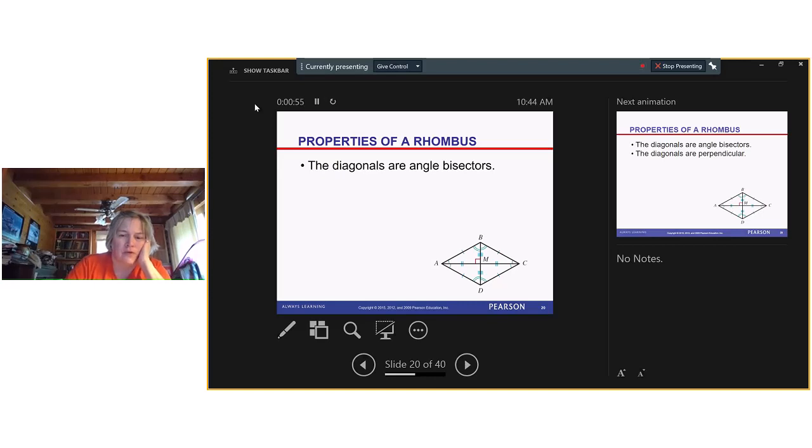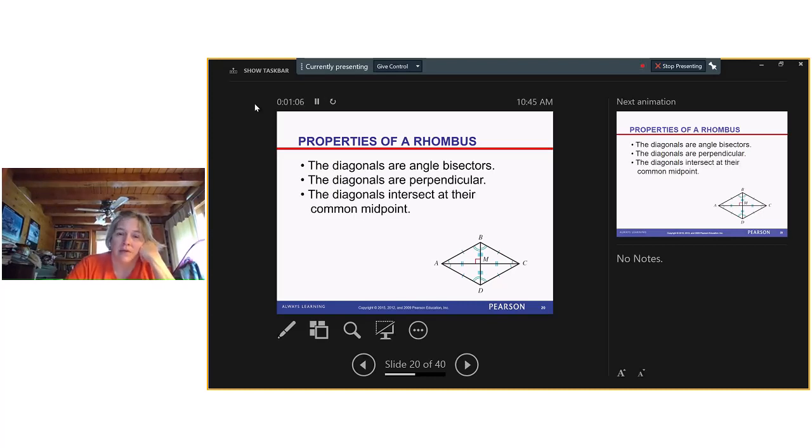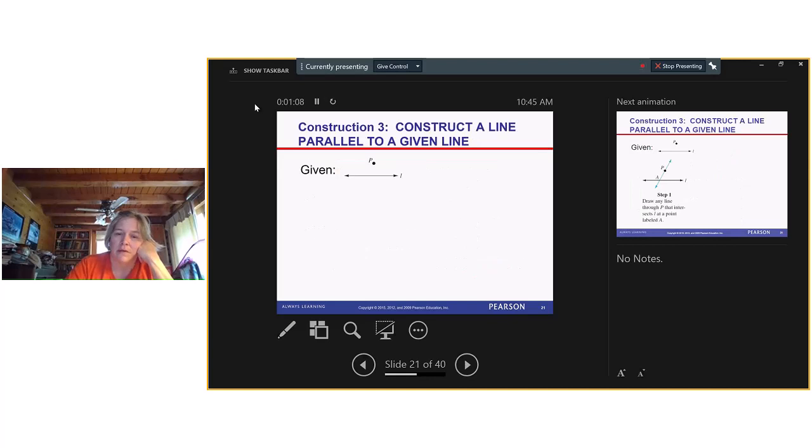And you can see that if I were to draw an angle, it says the diagonals are angle bisectors. So all I had to do was really do a bisector and then connect all my angles, and it would actually be done.